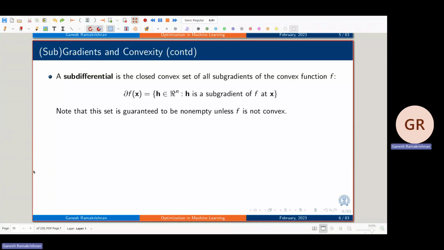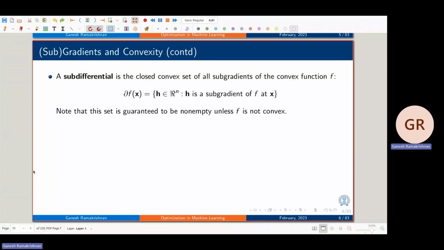I shaded this region, right? I said convex hull. So what would convex hull mean? H nu x could be in the convex hull of H1 x and H2 x.